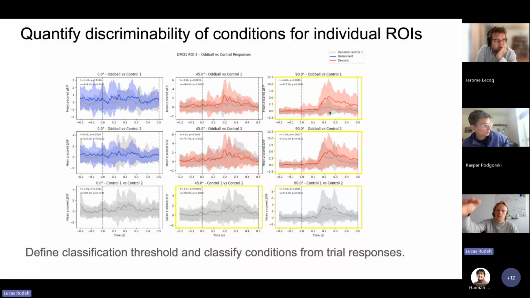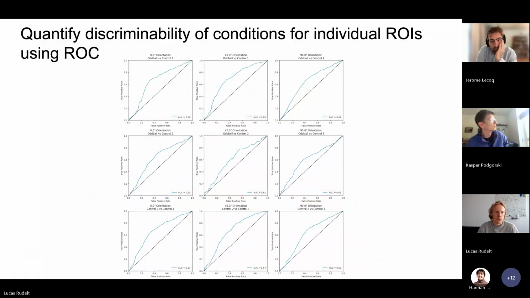Then we can systematically shift this threshold and see how the number of false positives and false negatives of this classification differ. That's called an ROC curve, which essentially plots the false positive rate versus the true positive rate as we vary this decision threshold. The area under this curve gives us a quantity of how well we can distinguish or classify these conditions based on the response.